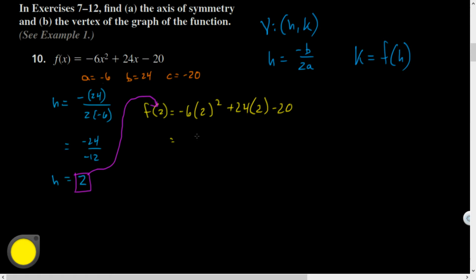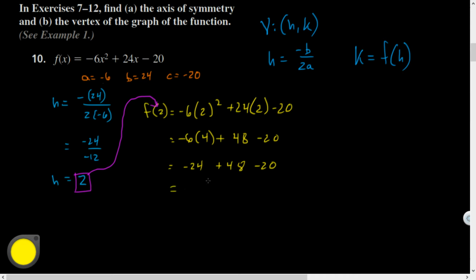And now I've got to PEMDAS this, right? So 2 squared is 4. So negative 6 times 4 is what I'm going to do next. Plus 24 times 2 is 48. You could reach for a calculator for some of these calculations, but only do one operation at a time. I want to see more of this happening written out. Negative 6 times 4 is negative 24.